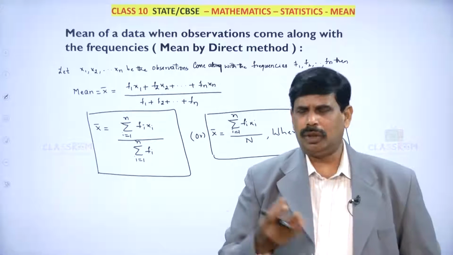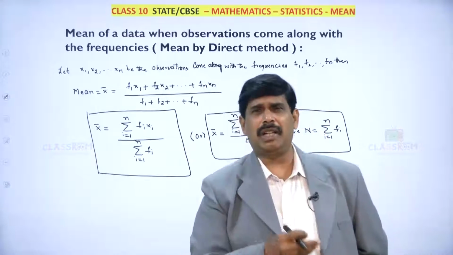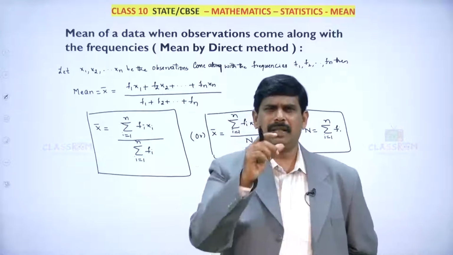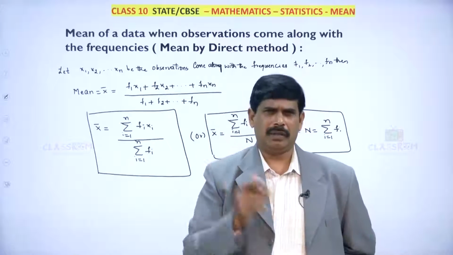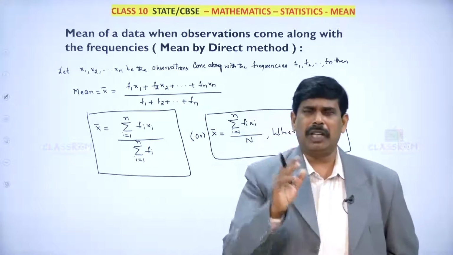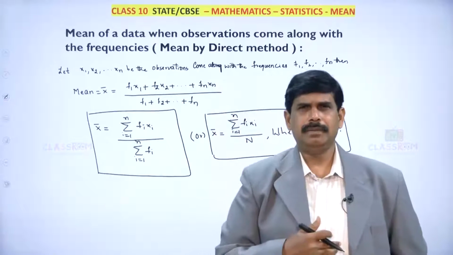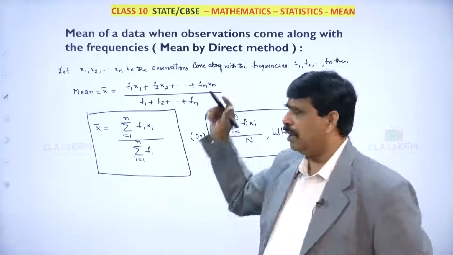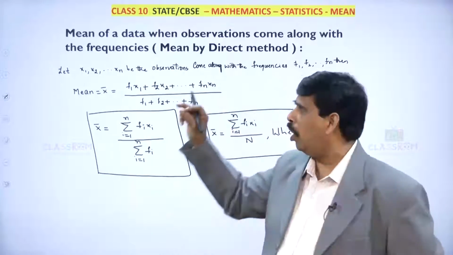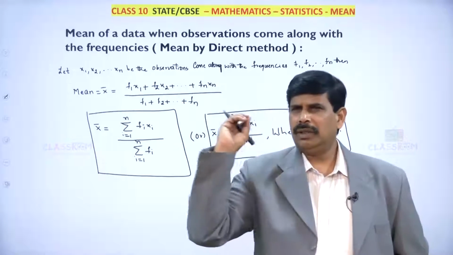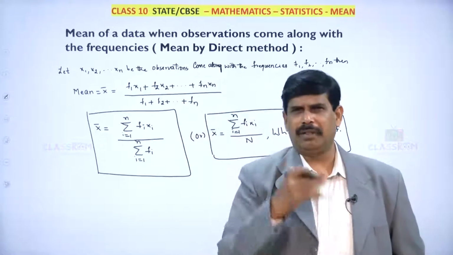Is it clear? So we learned that when only values are given, you add all the values and divide by the number of values. That will give you the mean of a data when only values are given. Now here the values are coming along with the frequencies.